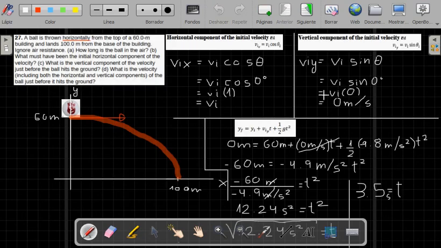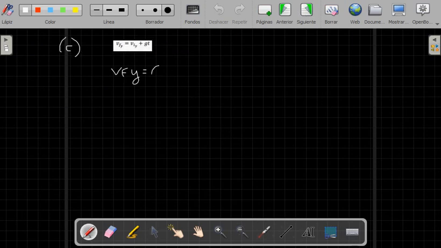The initial vertical velocity, it's right here, 0 meters per second. So I write 0 meters per second, plus the gravity, minus 9.8 meters per squared seconds, times the time, which we're going to assume as 3.5 seconds.